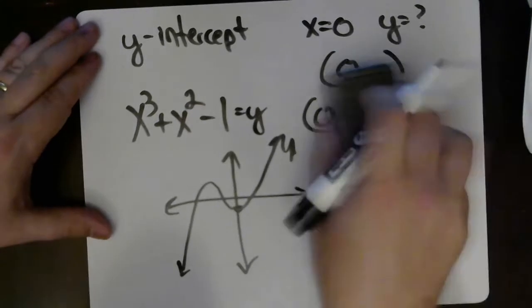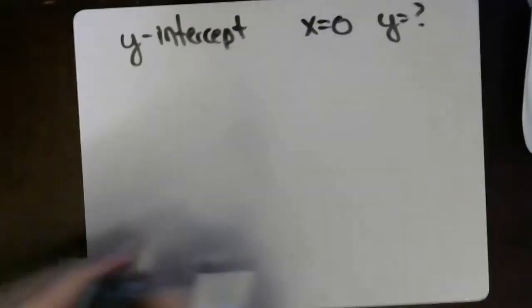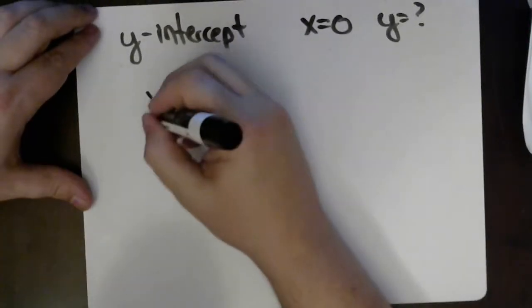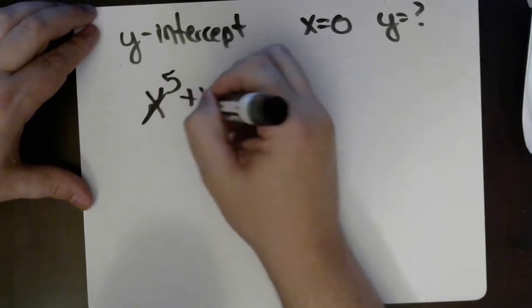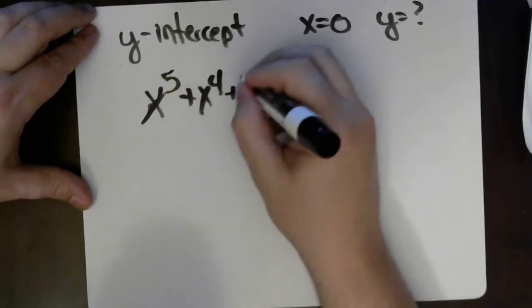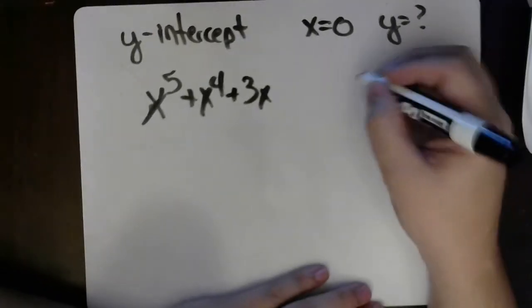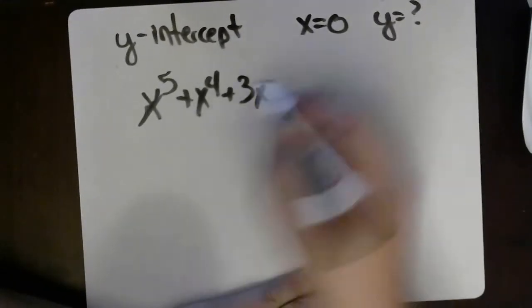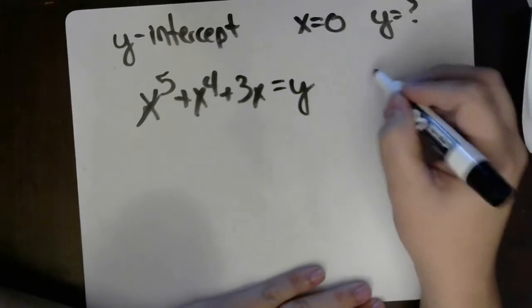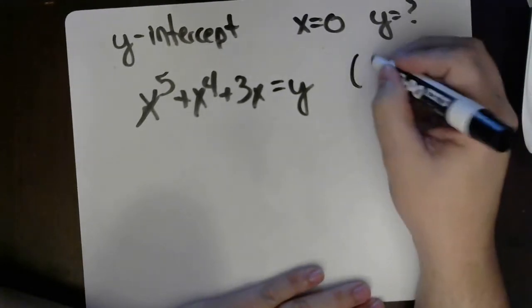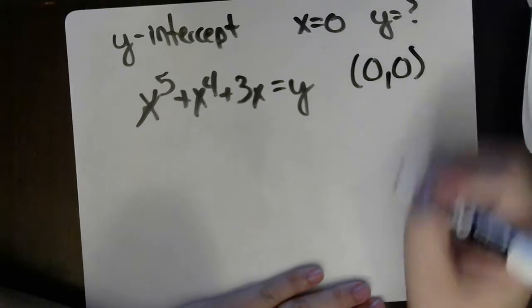Now let's do a couple more examples. x to the fifth plus x to the fourth plus 3x. What happens when x is equal to 0 here? Well, if that's the case, then y is going to be equal to 0, so it's going to go through the origin.